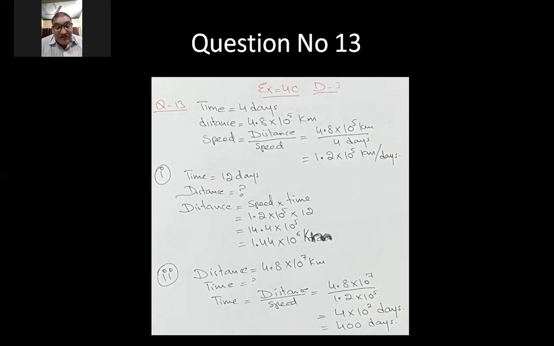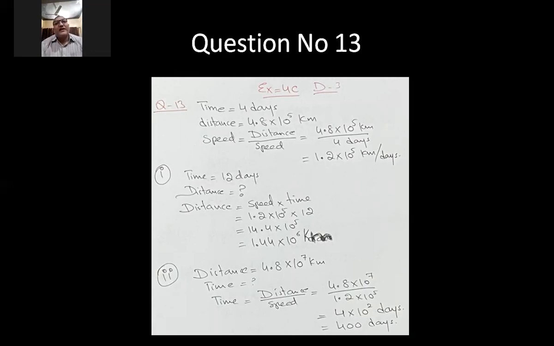A part is, find the distance traveled by the rocket in 12 days. Give your answer in the standard form. So the time is 4 days and the distance traveled in those 4 days is 4.8 expo 5 kilometer. So the speed will be distance divided by time, that's 4.8 expo 5 kilometer divided by 4 days. So your final answer will be 1.2 expo 5 kilometer per day.